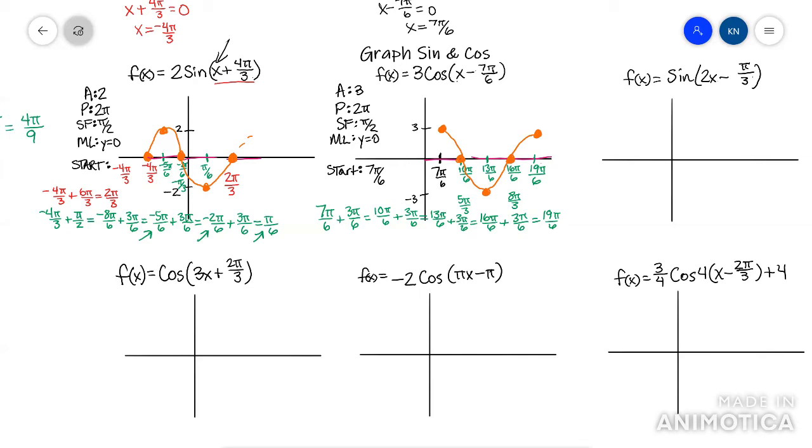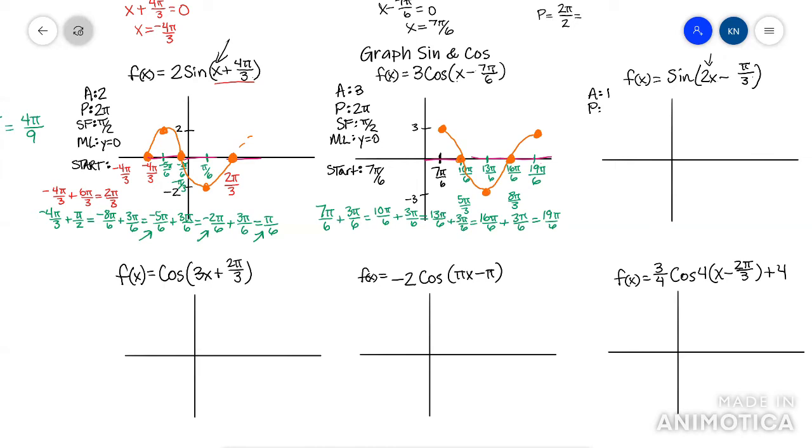Now, this one's going to be even trickier, because let's just walk through it. I'm going to have an amplitude of 1. There's no number out in front. Now, the period is why this one's going to be tricky, because you have a b value. It's right here, it's 2. So you have to do 2 pi divided by the b value, which is 2.